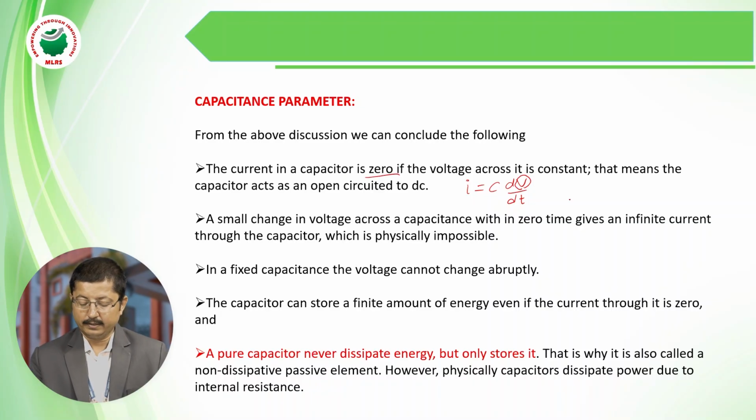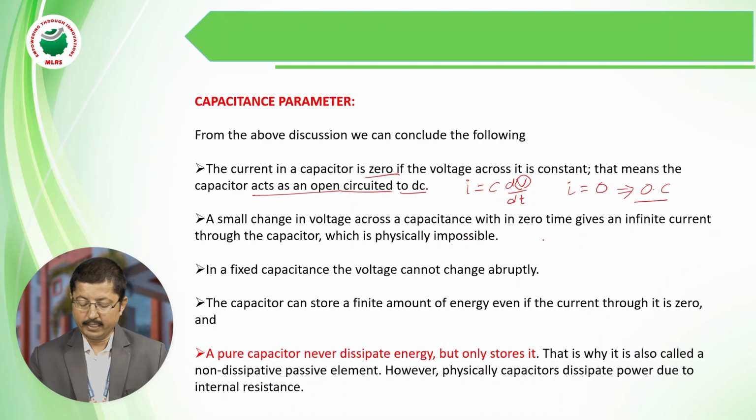That means if we apply a constant, that is DC voltage, across the capacitor, the current is 0, because the derivative of a constant is 0. Therefore current I is equal to 0, and it behaves like an open circuit. So for DC circuits, the capacitor will act as an open circuit.